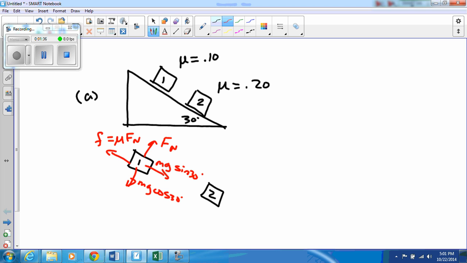Now in this particular case, we can come up with numbers for all of these. Mg sine 30 degrees is simply going to be 1 kilogram times 10 times 0.5, which is 5 newtons. And this turns out to be 8.7 newtons.